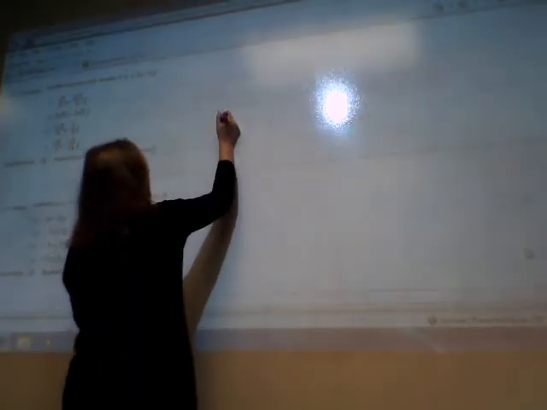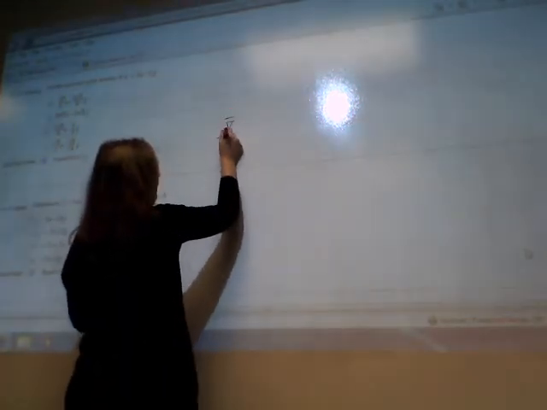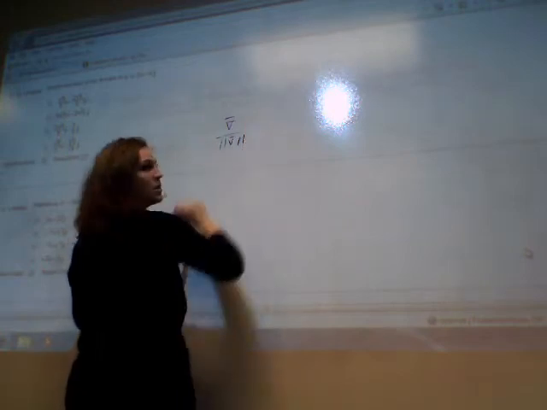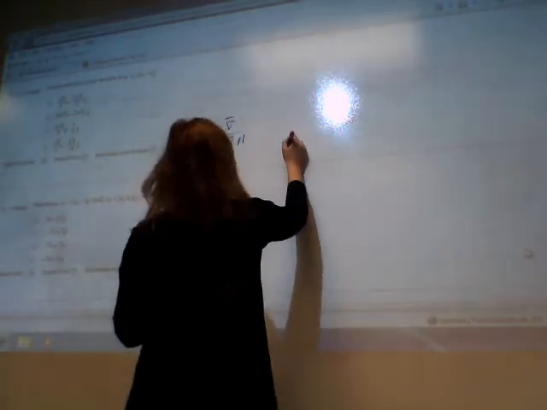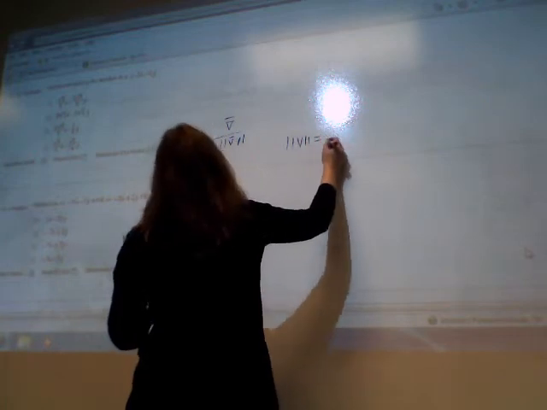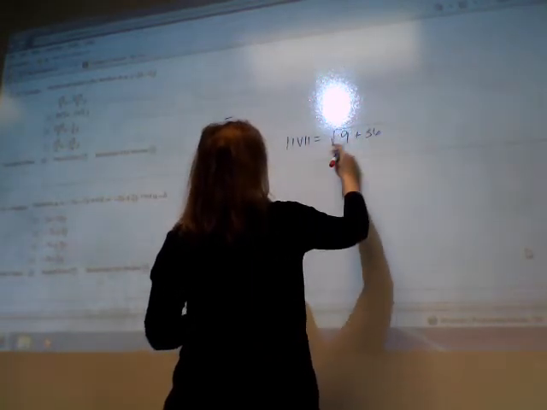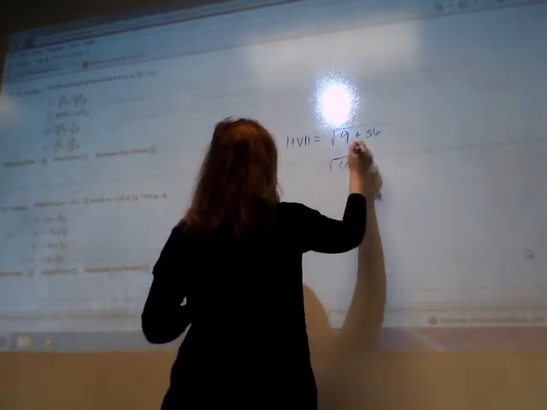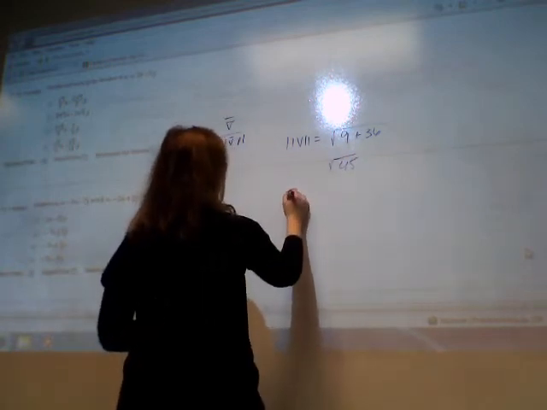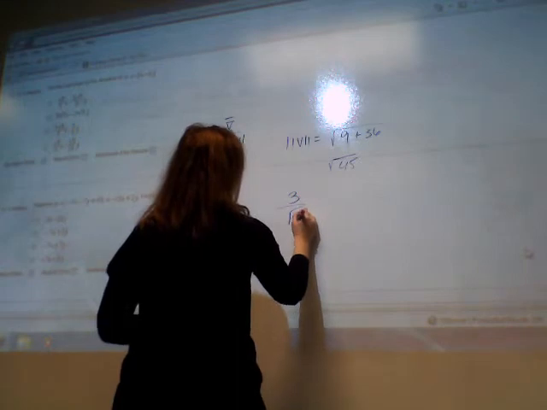All right, find the unit vector in the direction of this. Remember, to find a unit vector, the unit vector is equal to v over the magnitude of v. So the magnitude of v is equal to the square root of 9 plus 36, which is the square root of 45. Then we simply take the vector v.